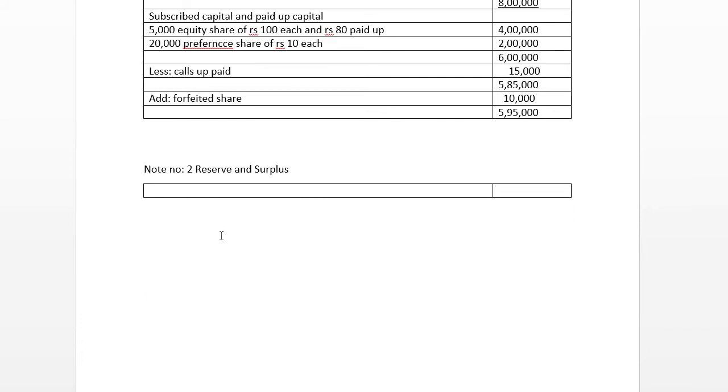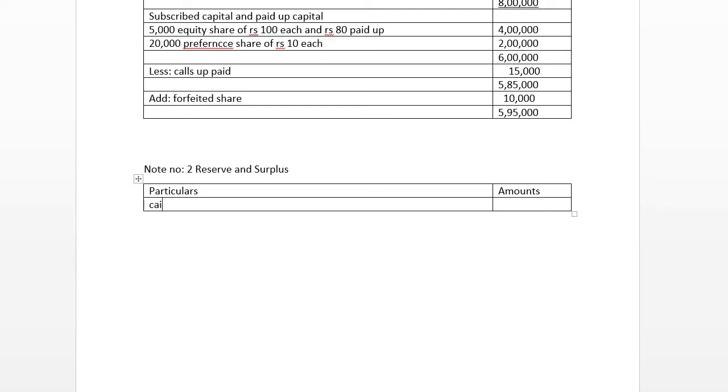Therefore, note number 2, reserves and surplus. Usually we have to write particulars, then amount. Then assume what all the usual points involved in the case of reserves and surplus. There are various types of reserves available with us.